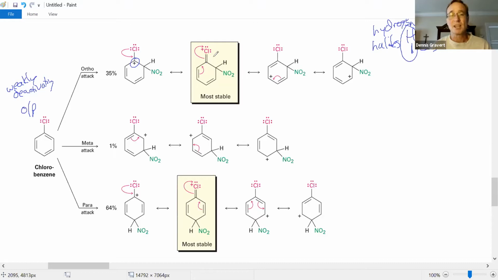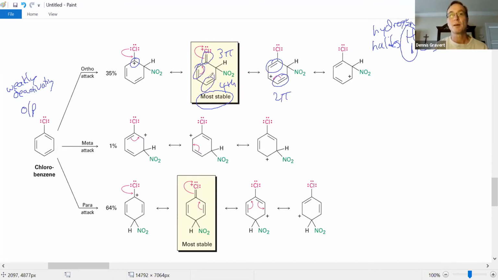Oxygen is more electronegative than chlorine. But for some reason, when the halide has a double bond, whether it's chlorine, fluorine, bromine, or iodine, it's just not as happy. So yes, this fourth resonance structure is the most stable because, again, we have 3 pi bonds, whereas in the others, there's only 2 pi bonds.